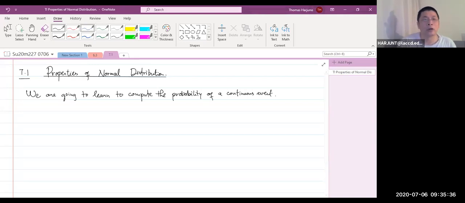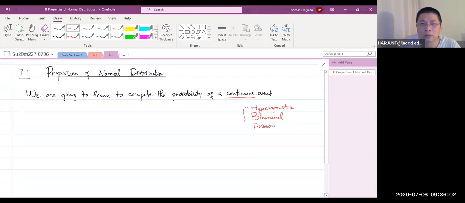Now, in binomial distribution, hypergeometric distribution, and Poisson distribution, we dealt with discrete random variables.